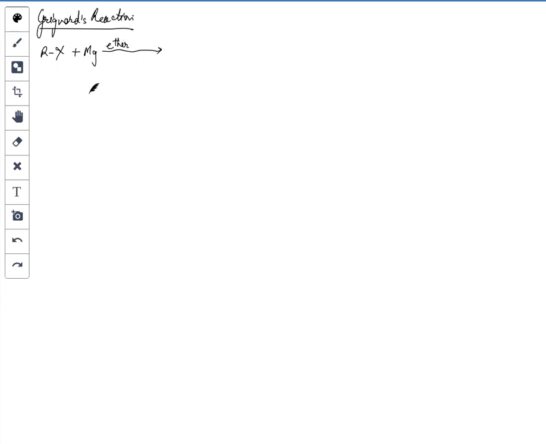Now there are 2 different ethers that we use for this particular reaction. One ether is CH3CH2OCH2CH3. This compound is called diethyl ether.